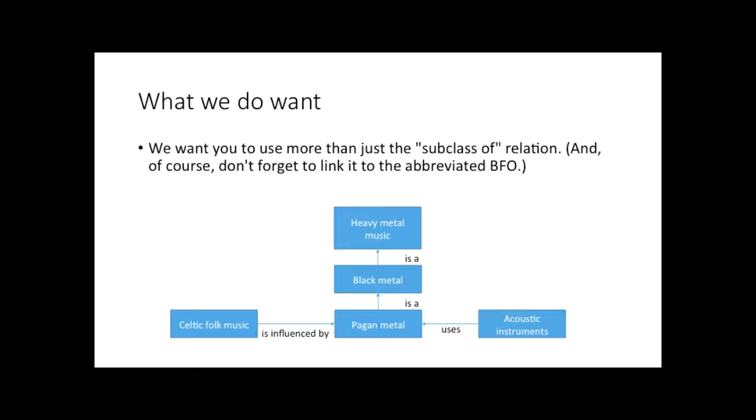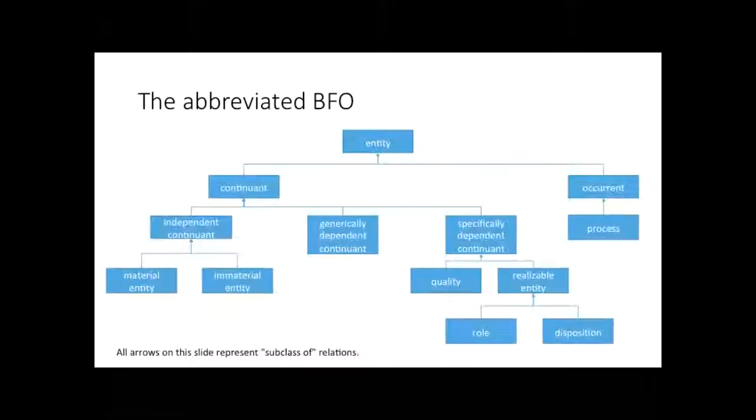And with respect to the domain, you already now see that it's important that you have some kind of knowledge about the domain. That's why I usually shy away from saying you do this domain, because I don't want you to spend time reading up stuff. And then I want you to sort these entities that you talk about into the abbreviated BFO that I provided here.